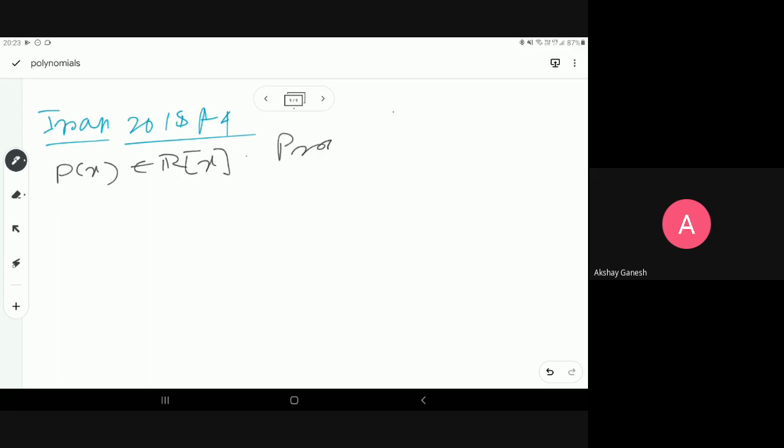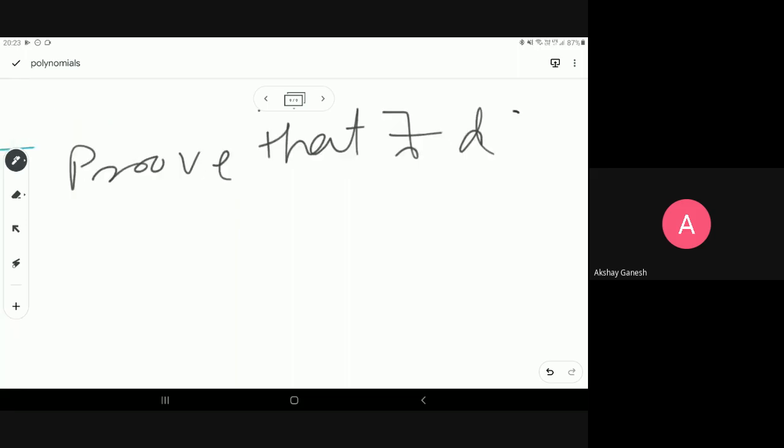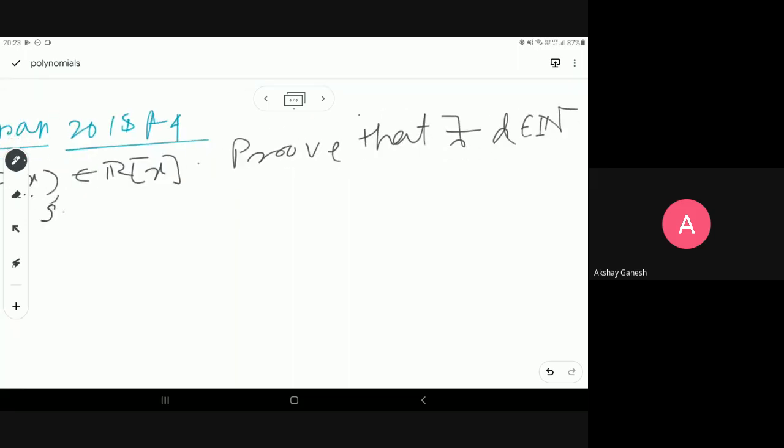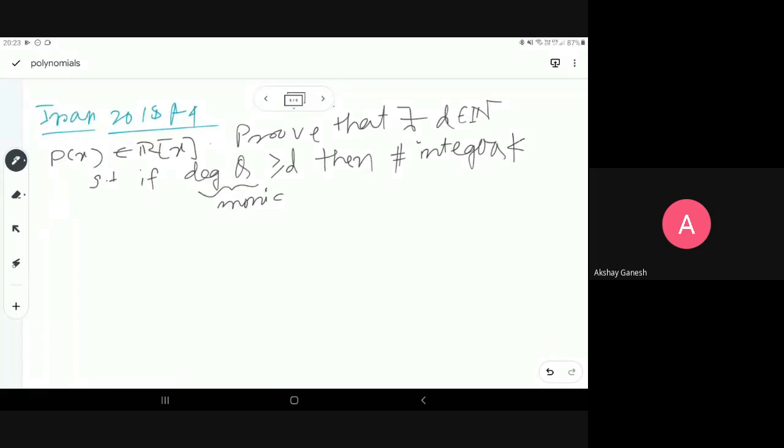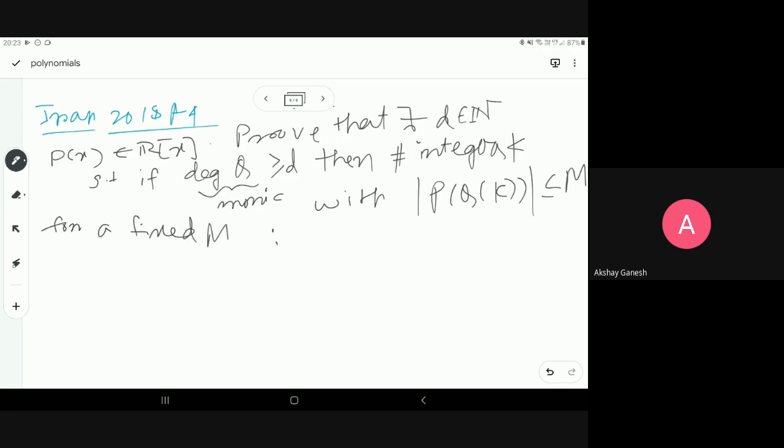Prove that there exists an integer d, d belongs to N, such that if the degree of a monic q is at least d, then the number of integers k with |p(q(k))| at most m, for a fixed m, is at most the degree of q.